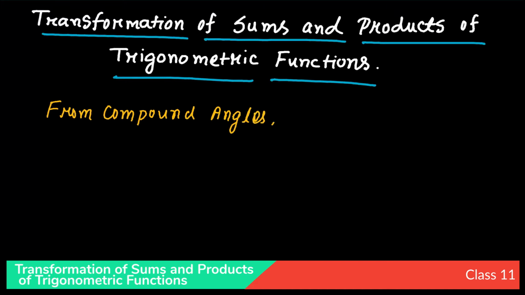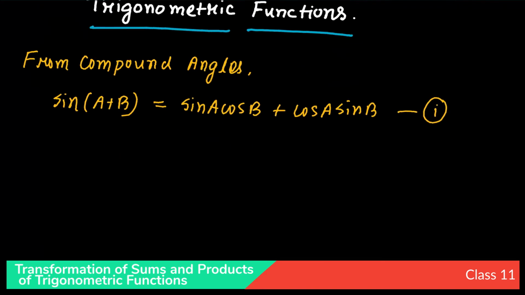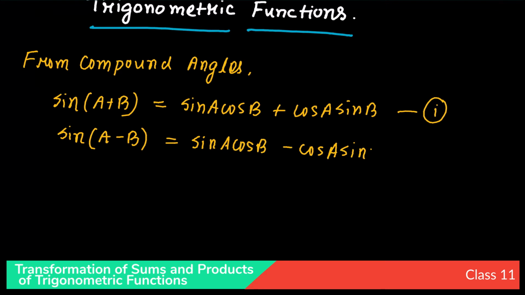We know sine of a plus b is equal to sine a cos b plus cos a sine b. Suppose I am marking this as 1. Another formula we know is sine of a minus b is equal to sine a cos b minus cos a sine b. I am marking it as 2.